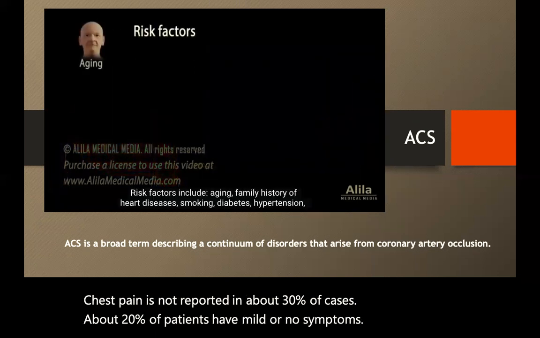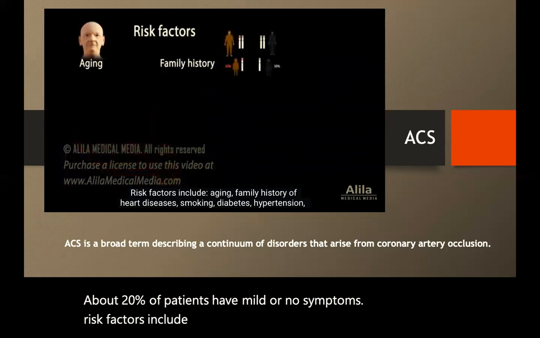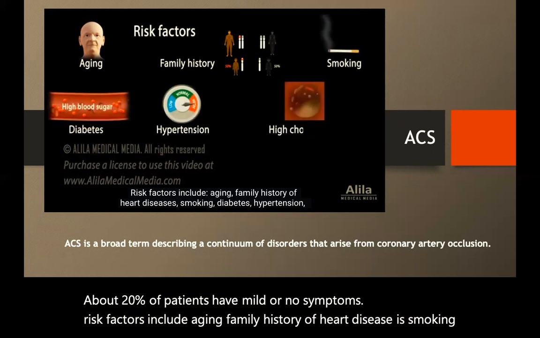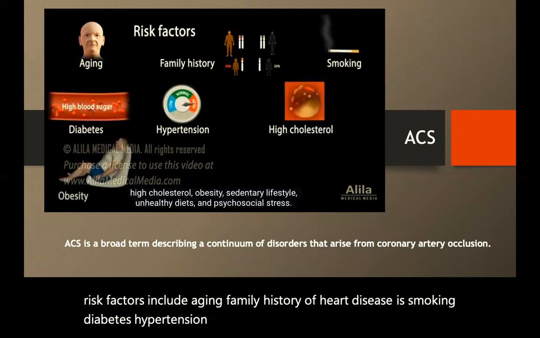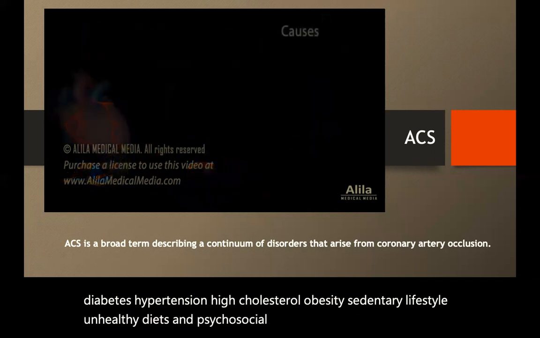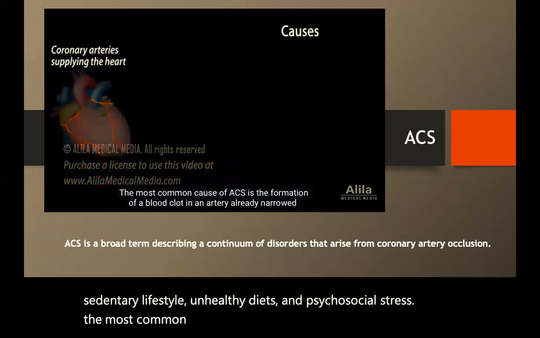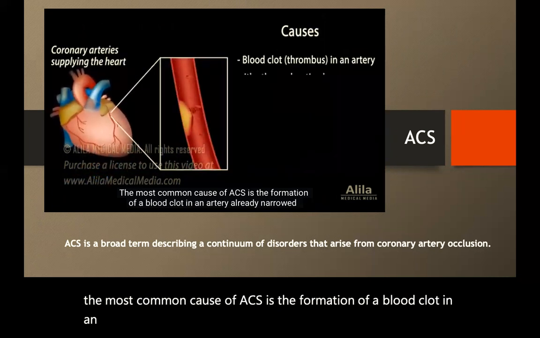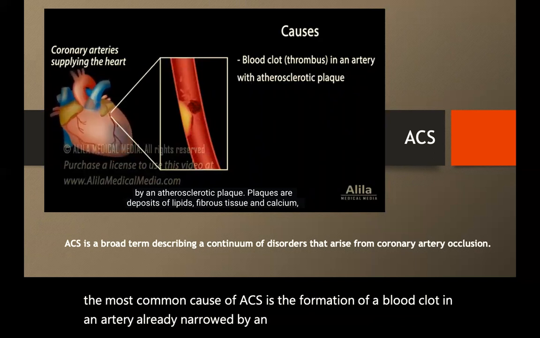Risk factors include aging, family history of heart diseases, smoking, diabetes, hypertension, high cholesterol, obesity, sedentary lifestyle, unhealthy diets, and psychosocial stress. The most common cause of ACS is the formation of a blood clot in an artery already narrowed by an atherosclerotic plaque.